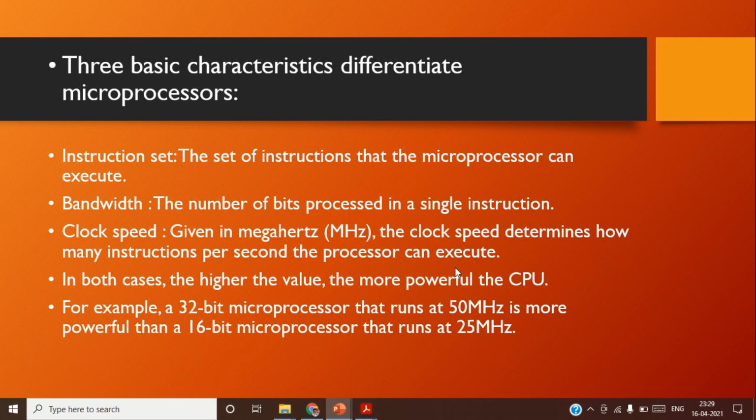Now, clock speed is given in megahertz or in gigahertz. The clock speed determines how many instructions per second the processor can execute. So if your processor can execute more instructions per second, it will be faster than the other processors. So the higher the bandwidth and the higher the clock speed, the processor will have higher capability as compared to the other.